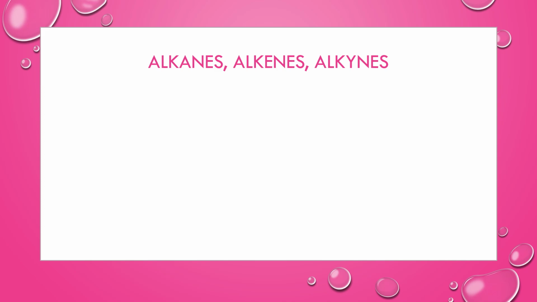So you can form homologous series for alkanes, alkenes and alkynes even. We're going to assume we're just talking about having one double bond or one triple bond for the alkenes or alkynes. Alkanes are going to follow the pattern that I showed you on the last slide, where you're going to add a CH2 each time.